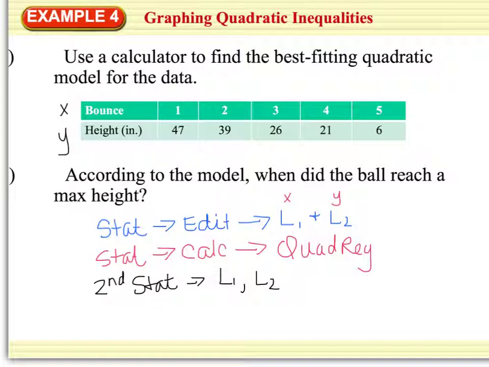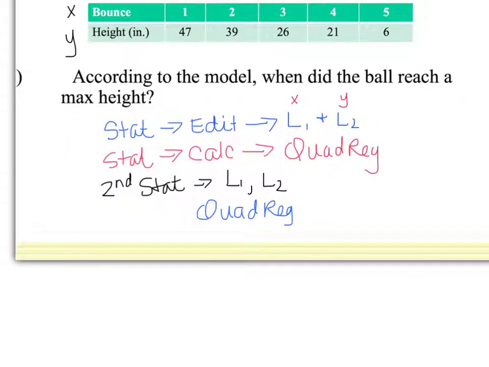On your screen, you will see QuadReg at the top, then y equals ax squared plus bx plus c, and then it will tell you that a equals negative 2.5, b equals negative 0.5, and c equals 50.